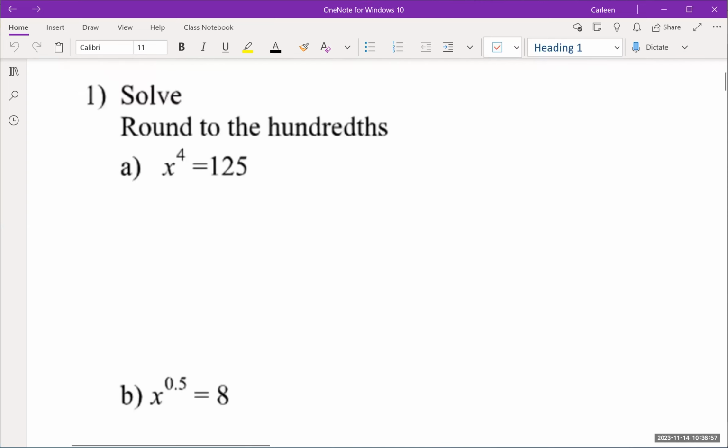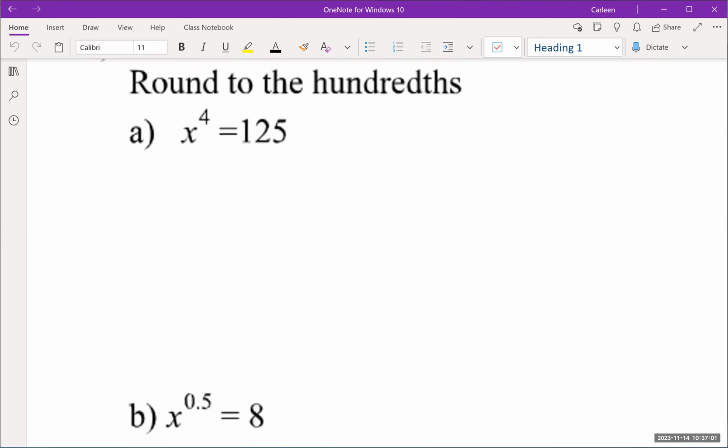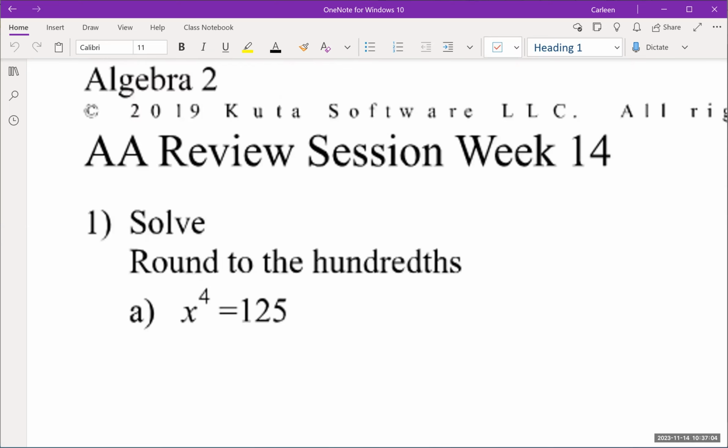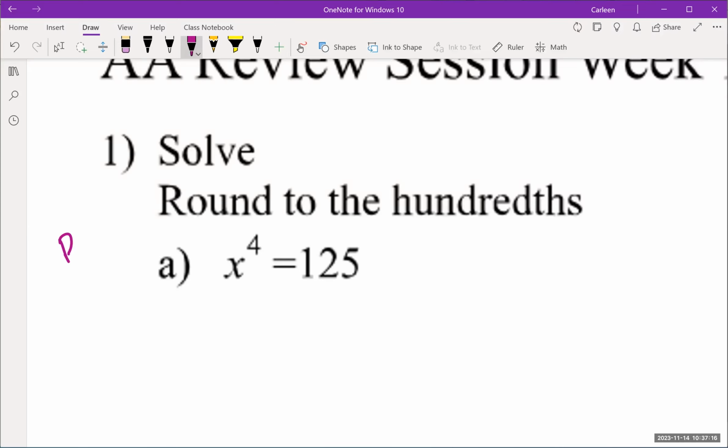Now, for week 14, we are looking to solve an equation. This is a power function. Notice my base is the variable, but my exponent is a number. So I can do raising something to the 4th power.